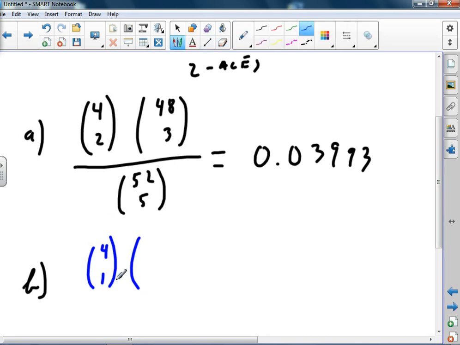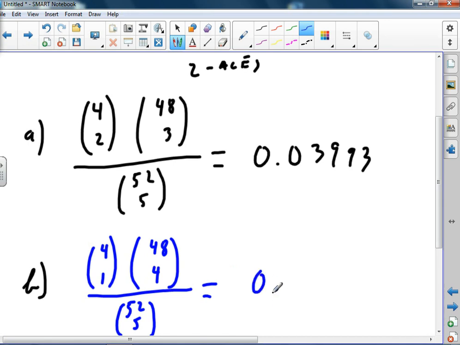All right, so I got 4 things taken one at a time, 48 things left over taken 4 at a time, and I got 52 things taken 5 at a time. So that's the math I want to do. Okay, so 4 things taken one at a time times 48 things taken 4 at a time divided by 52 things taken 5 at a time, and I end up with 0.2995.